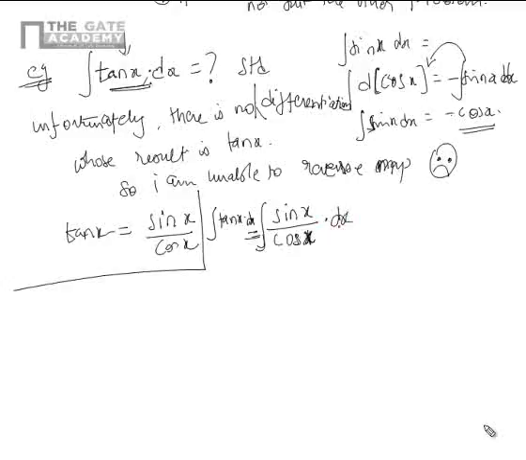And observe that the differentiation of cos x is sitting here. What is the differentiation of cos x? It is minus sin x dx, correct? So the derivative of the denominator is sitting in the numerator. There is a minus sign there, don't worry about it, we will handle that later.